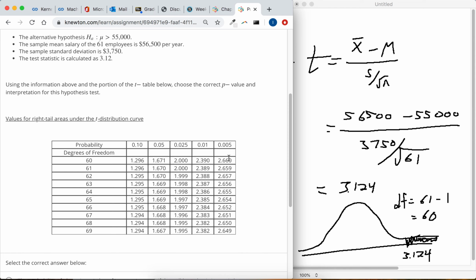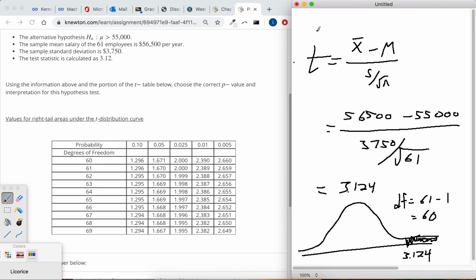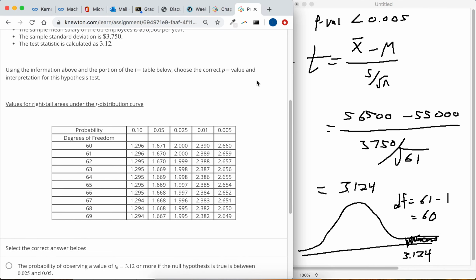What you're doing is this is the approximate p-value if you got 2.66 for a t value. If you got t equals 2.39, this would be the p-value. So we didn't even get our p-value on the sheet. The p-value is less than 0.005. It's further off the table than where we can go.